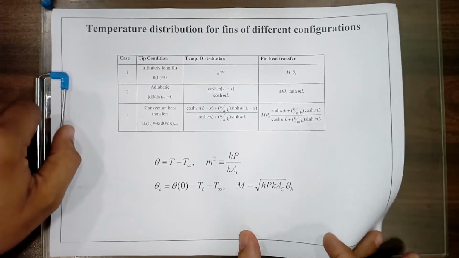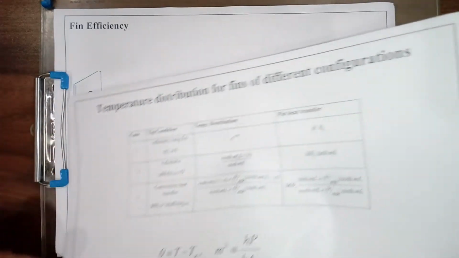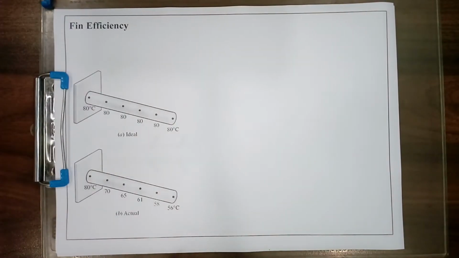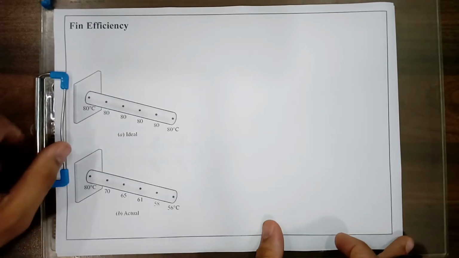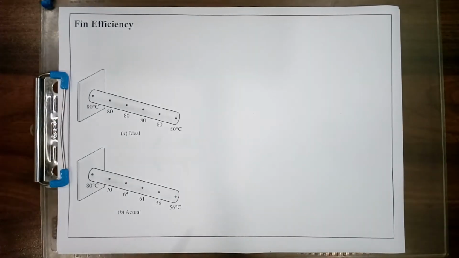Now we are going to discuss today's topic, the important parameters: the effectiveness of fin and fin efficiency. First we discuss the fin efficiency, and then we go for the derivations of effectiveness of fin in all the three cases.